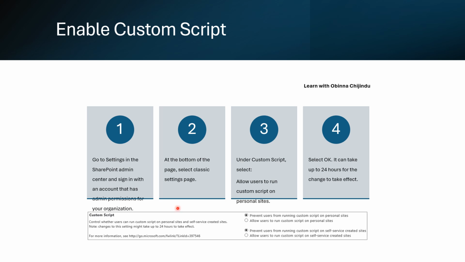At the bottom of the page, select the settings page. Under custom script, select allow users to run custom script, and then step 4, click OK. So you can see the screenshot of it. Let me switch to my environment and show you.